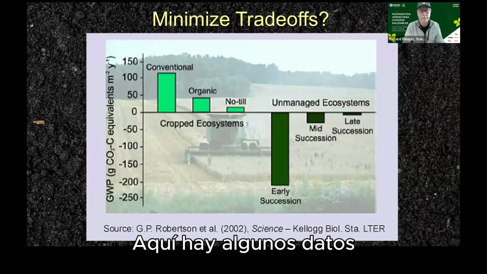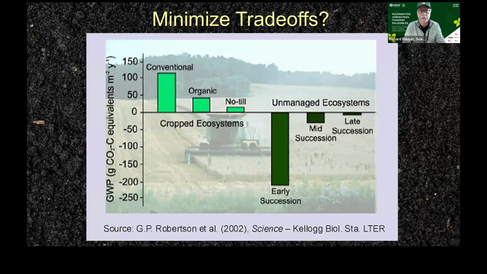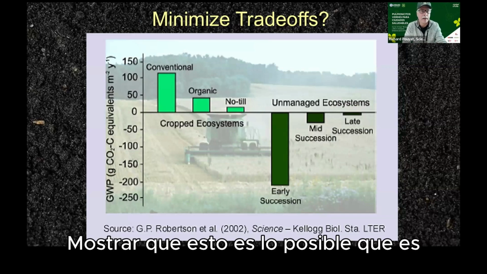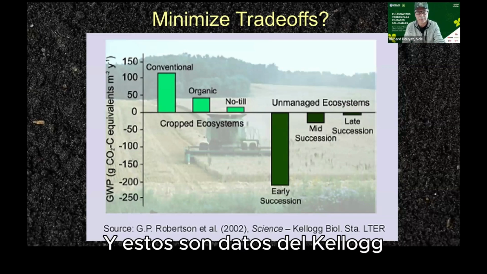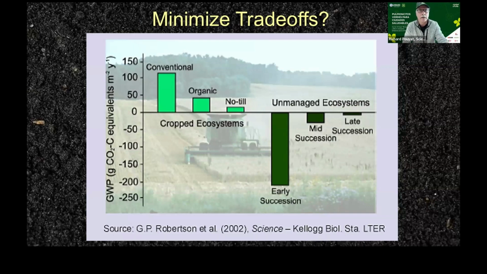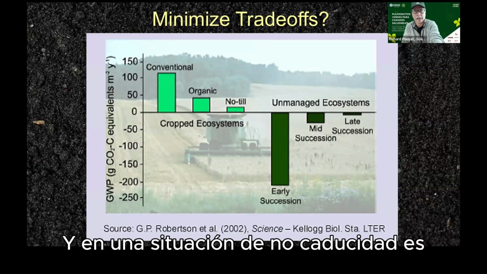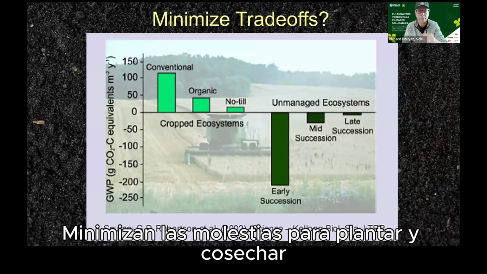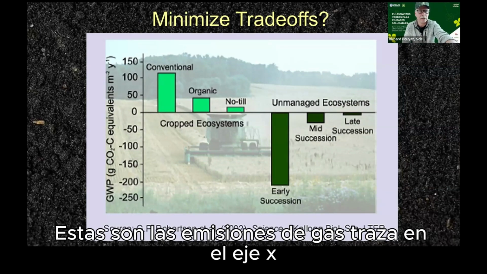Here's some data to show how possible this is. This is data from the Kellogg Biological Station, LTER, where they looked at crop systems, and in a no-till situation they've minimized the disturbances to plant and to harvest. And you can see that this is trace gas emissions on the x-axis.